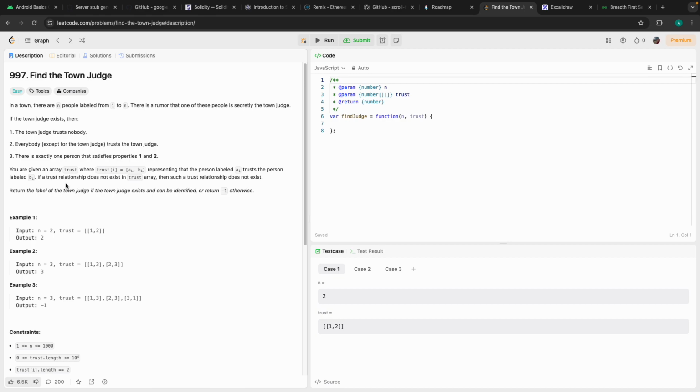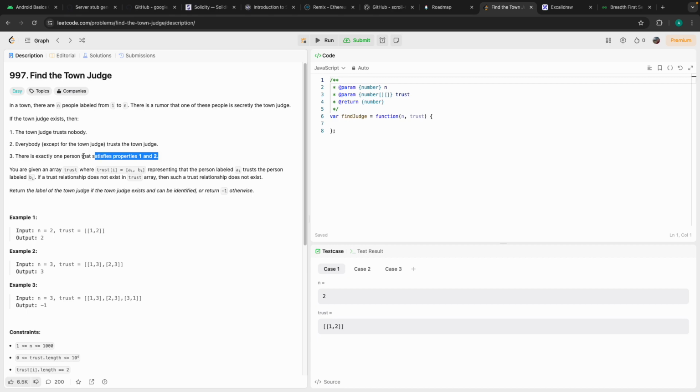If a trust relationship does not exist in the trust array, then such a trust relationship does not exist. Return the label of the town judge if the town judge exists and can be identified, or return -1 otherwise.